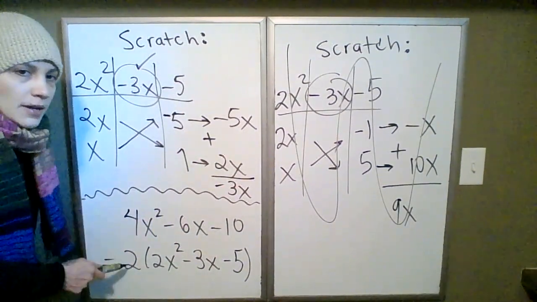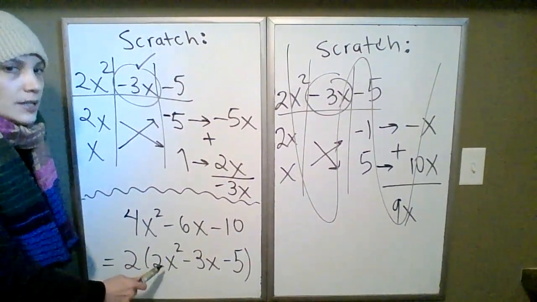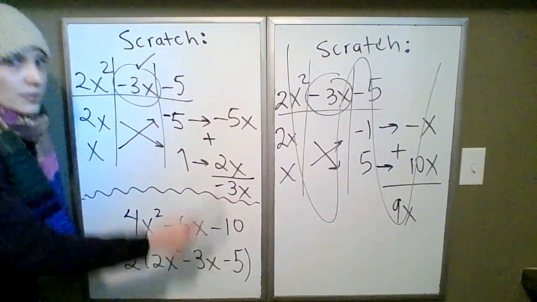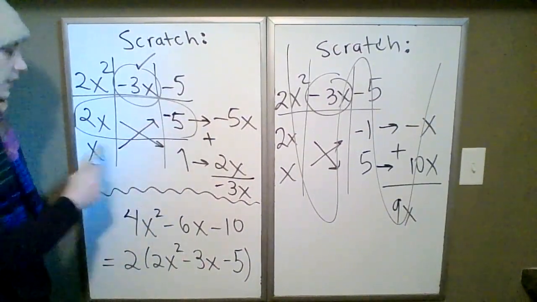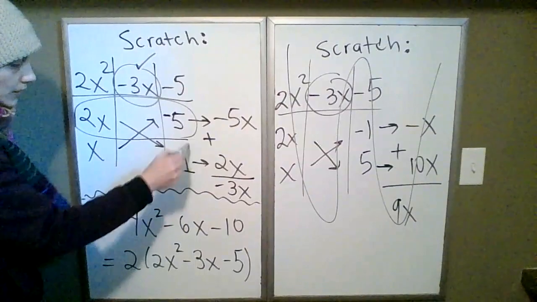So we went from here, factored out 2. We factored 2x squared minus 3x minus 5 into 2x minus 5 times x plus 1.